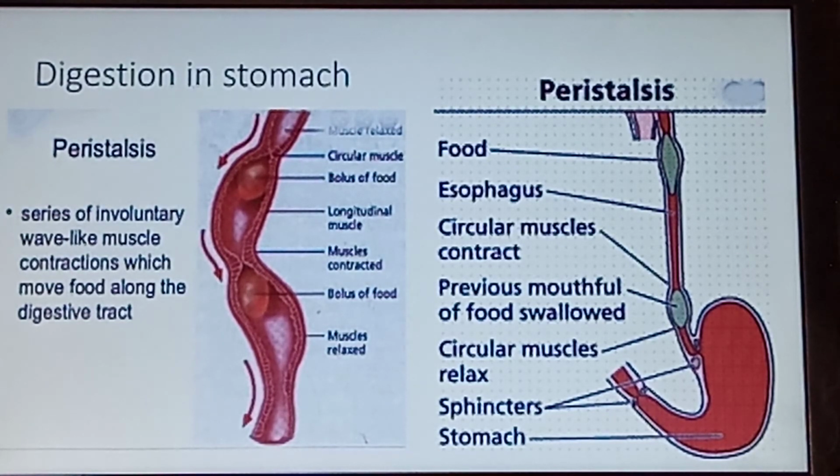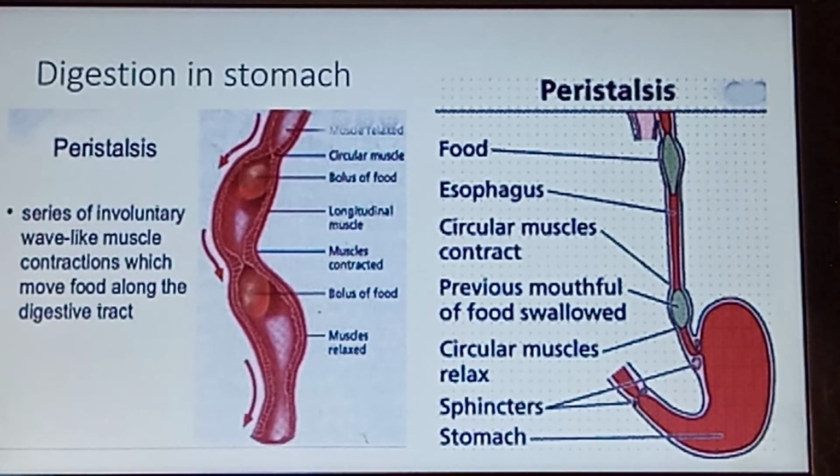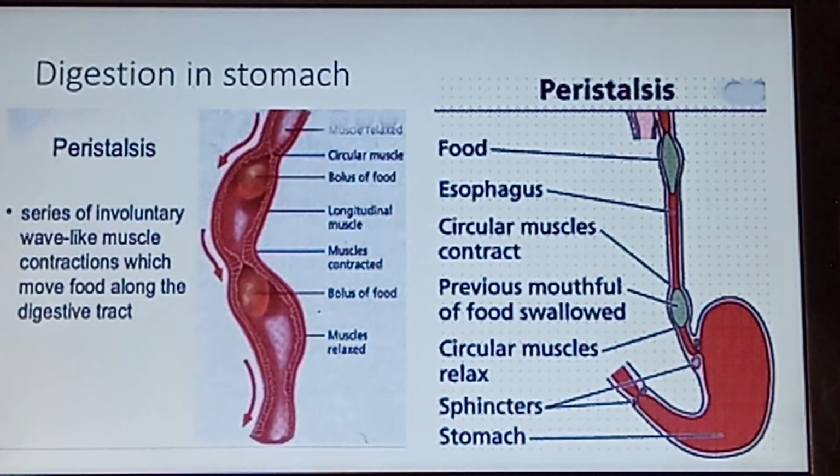Your stomach is a J-shaped bag made up of muscles. It can hold up to 2 liters of food at a time. Food stays in the stomach from a few minutes to a few hours depending on the type of food eaten. The inner lining of the stomach secretes mucus, hydrochloric acid, and digestive juices.